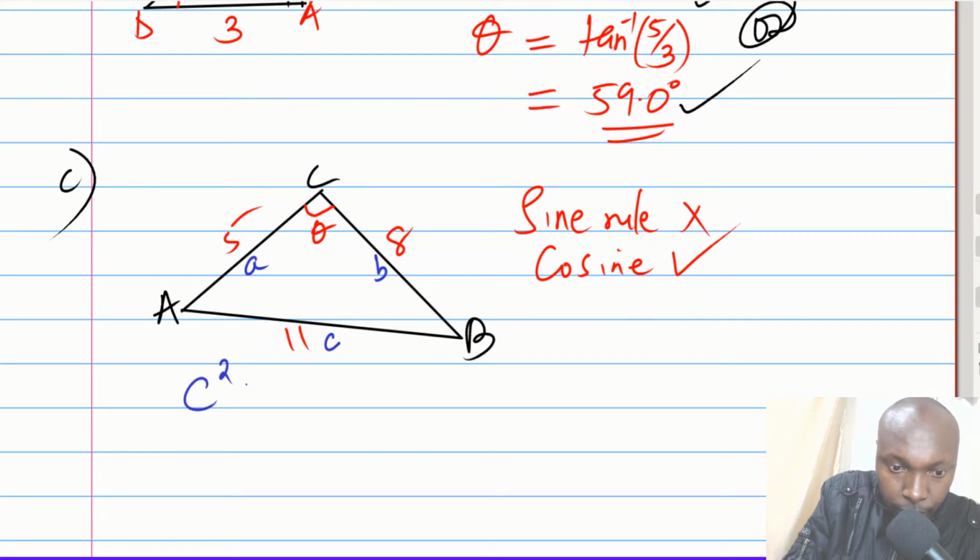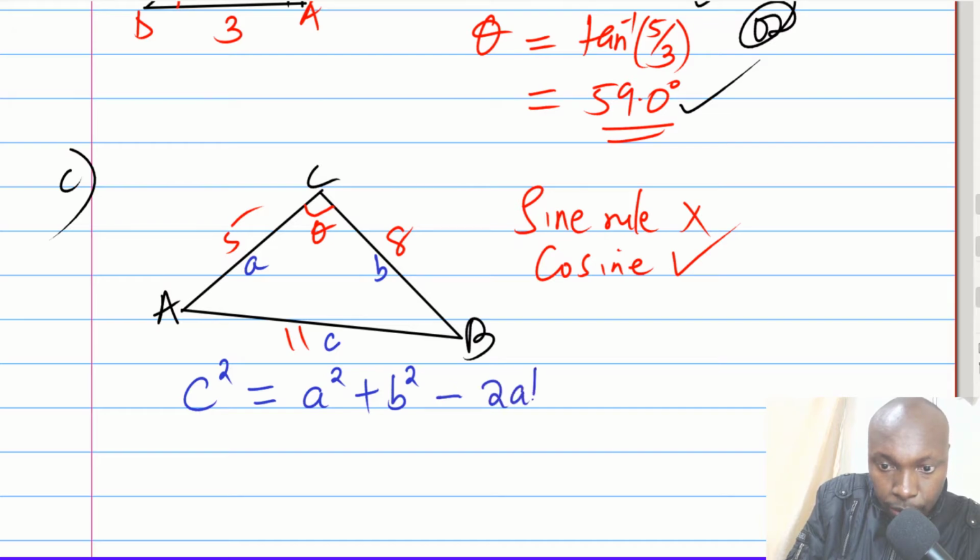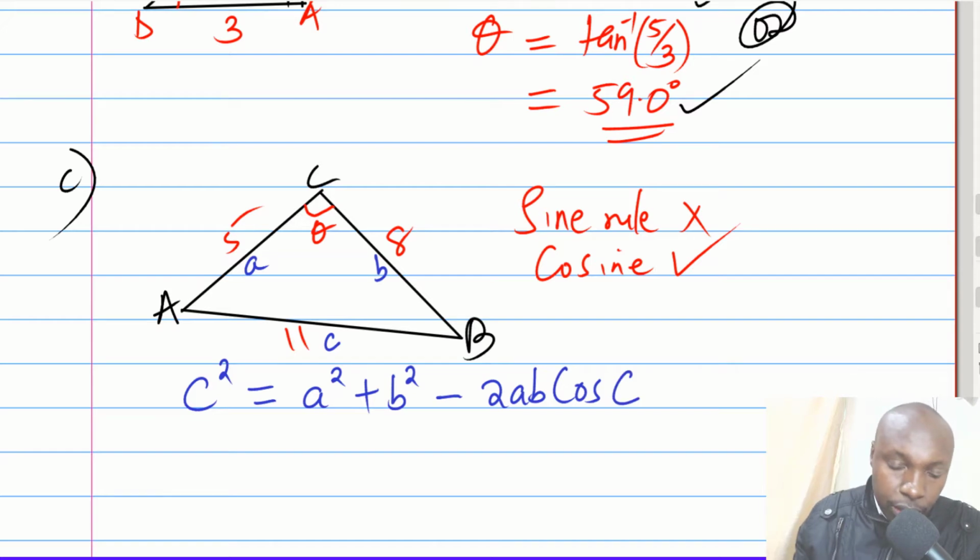This is how the cosine rule should be used: c squared is equal to a squared plus b squared minus 2ab cosine of C. That is the cosine rule.